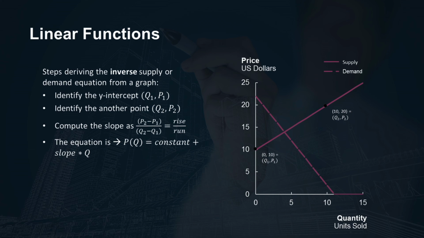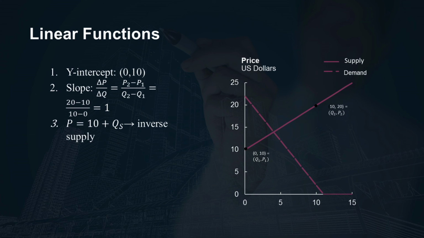Taking those points, we can calculate the slope. Again, that's just rise over run. And we can pull out that y-intercept and plug all of that into our linear equation to calculate our equation of the line. Doing so gives us a slope of 1, and our y-intercept is 10. Plugging that into our inverse supply function, we get p equals 10 plus qs.